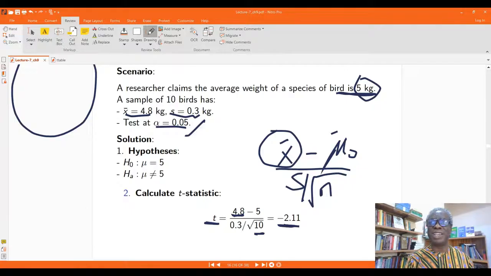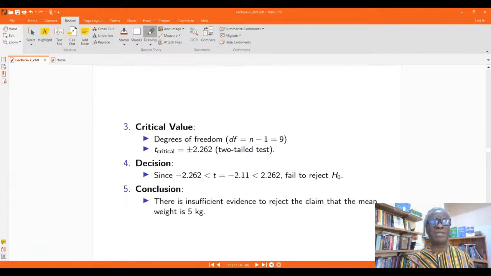The third step, calculate the t statistic. And then we are now going to the fourth, the next step, which is to determine the critical value or the decision rule.